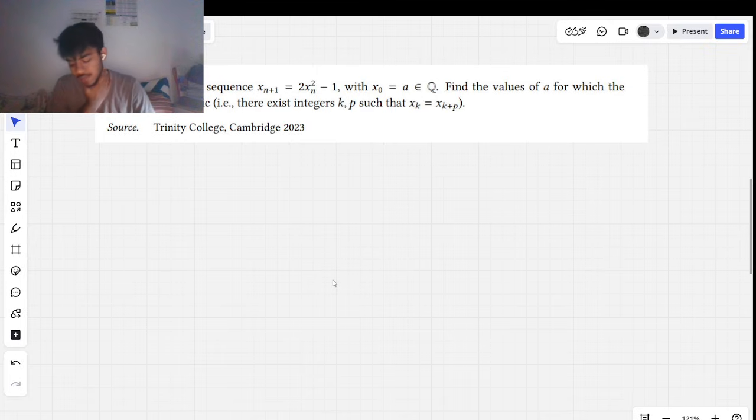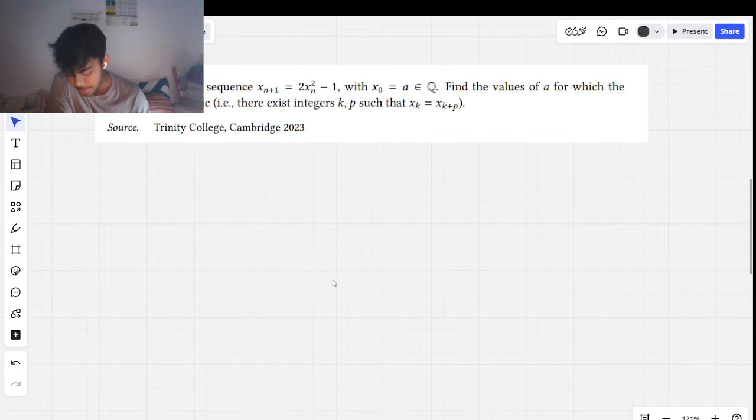Consider the sequence x n plus 1 is equal to 2x squared minus 1 with x naught equal to a, which is a rational number. Find the values of a for which this sequence is periodic, i.e. there exists integers k and p such that xk is equal to xk plus p. This is a very interesting problem.